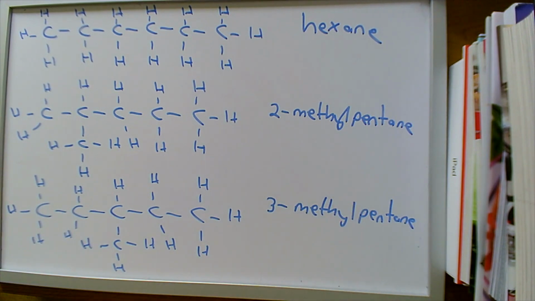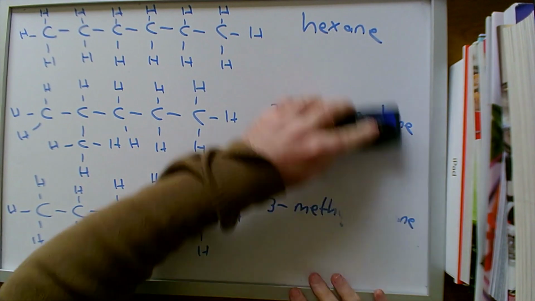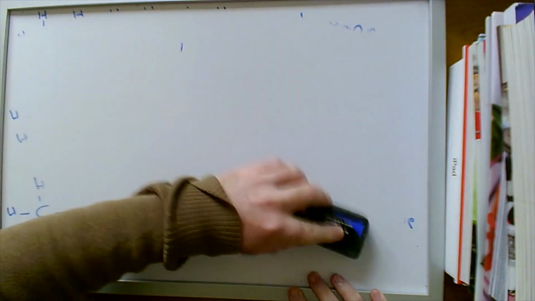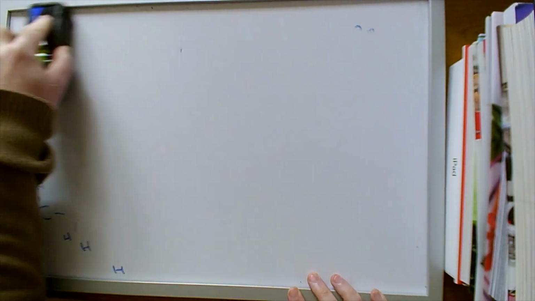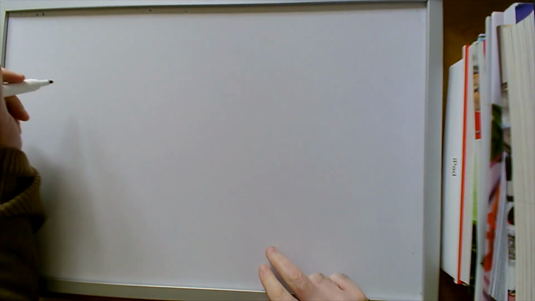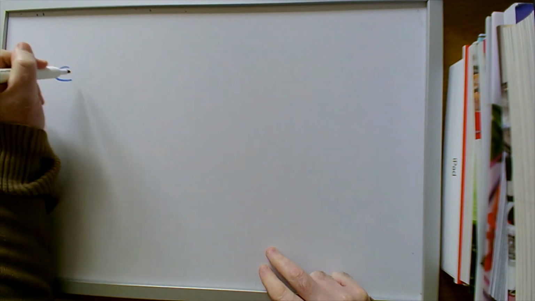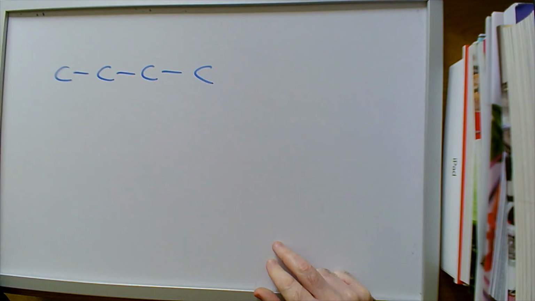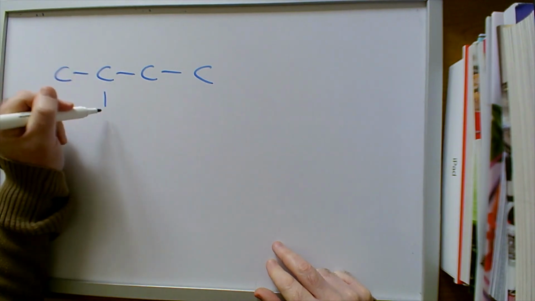Now there are no other isomers with 5 carbons in the longest chain. So therefore, I have to cut the chain down to 4 carbons. So I'm going to rub these out and I'm going to draw isomers now with 4 carbons in the longest chain. So if I draw 4 carbons now in the longest chain, I have 2 CH3 groups to put as subchains.